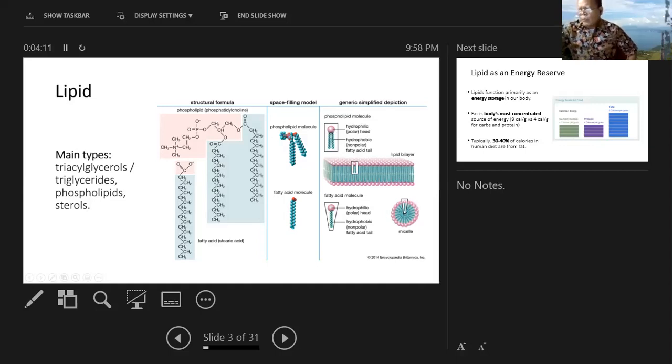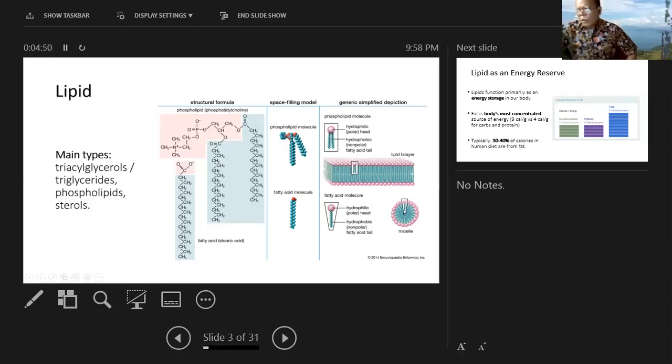If we look at this phospholipid, in this part we have the glycerol moiety. The glycerol consists of three hydroxyl groups attached to each carbon. Then this hydroxyl group is substituted by a fatty acid group in this position, and the other one is substituted by a phosphoryl group.